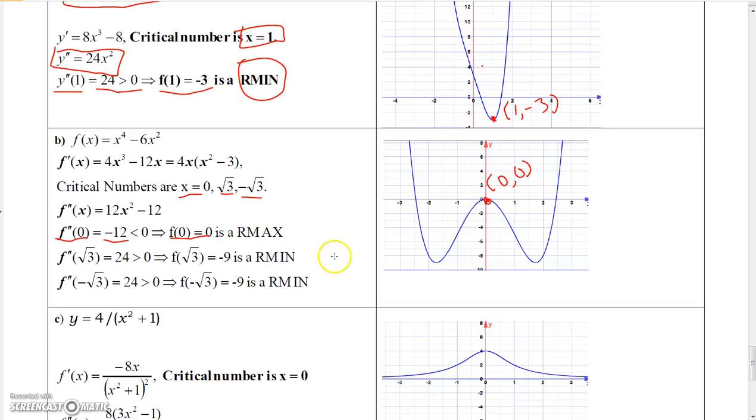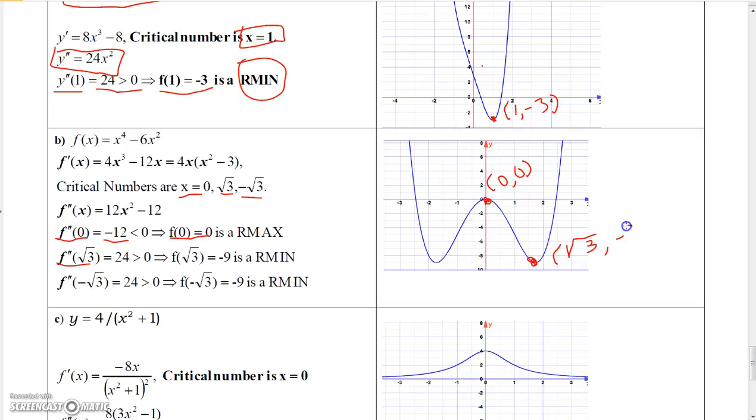All right? Then if you check at square root of 3, when you plug square root of 3 into the second derivative, you get a positive number. So f of square root of 3, which is negative 9, is going to give us a relative min. That corresponds to this point here. That's square root of 3, and what's the y value?